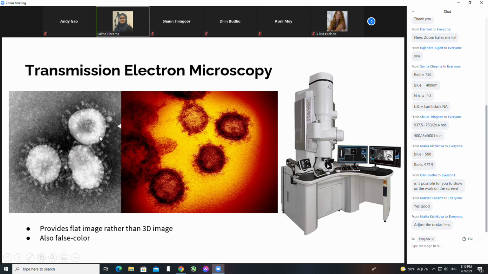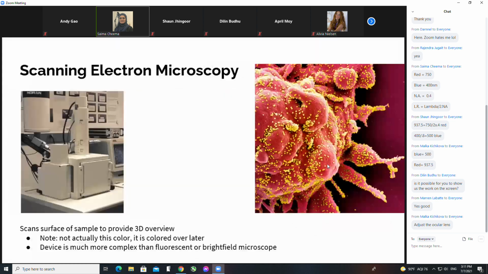So it's going to give you sort of a two-dimensional image, and it's again going to be black and white, just like you would see with the scanning electron micrograph, but then we can add colors to the images using computerized tools. Okay, questions on microscopy?